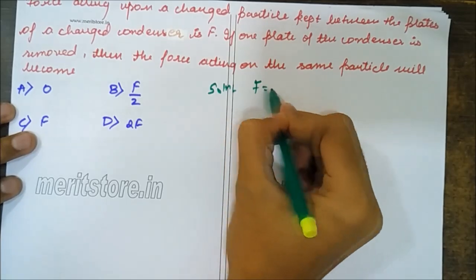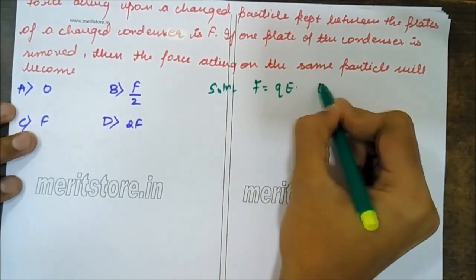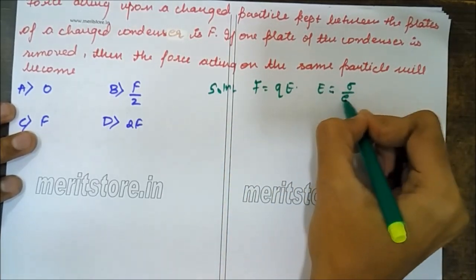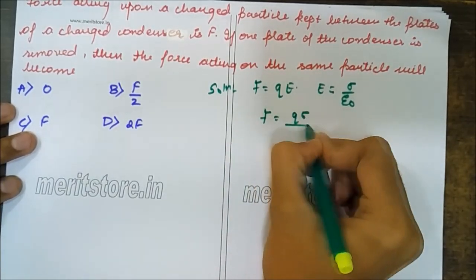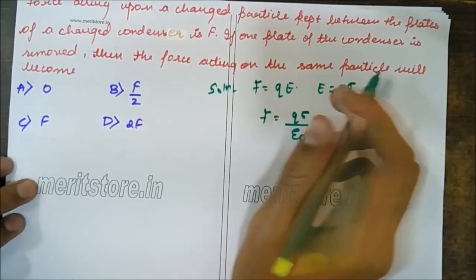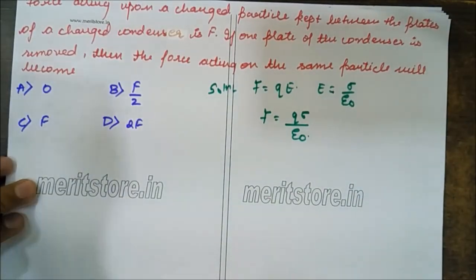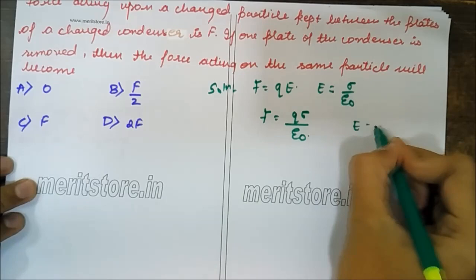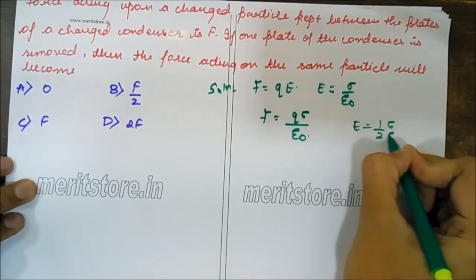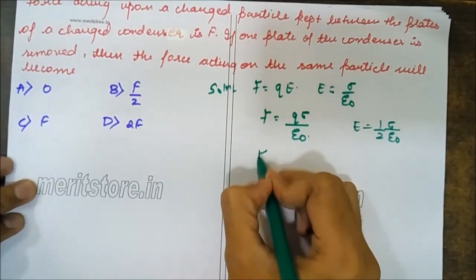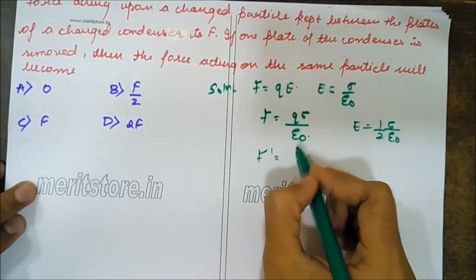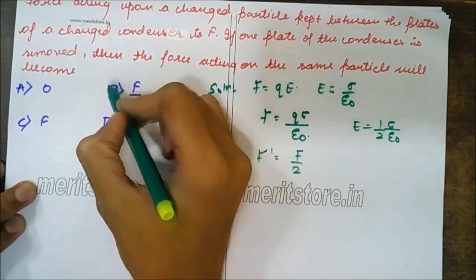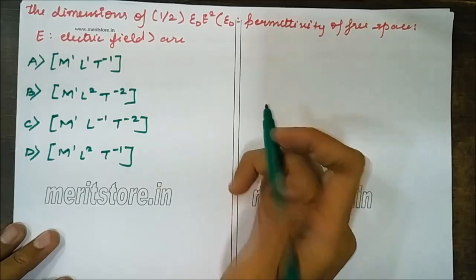First, the force is given by qE, where E has a value of σ upon ε₀, so the force is qσ upon ε₀. When one plate is removed, E becomes half of σ upon ε₀. So the new force will be F upon 2. So B is the correct option.